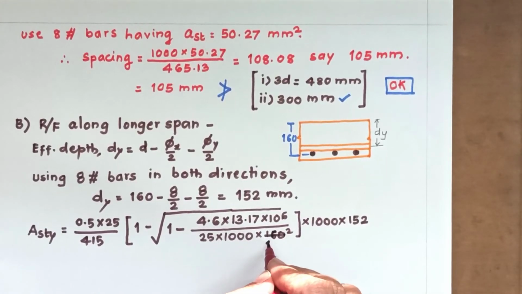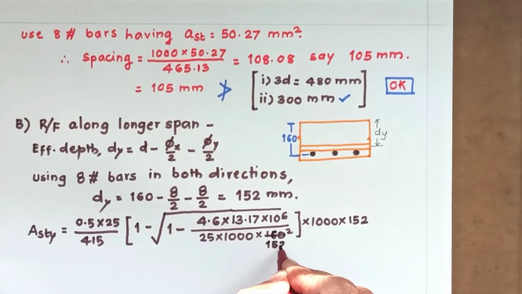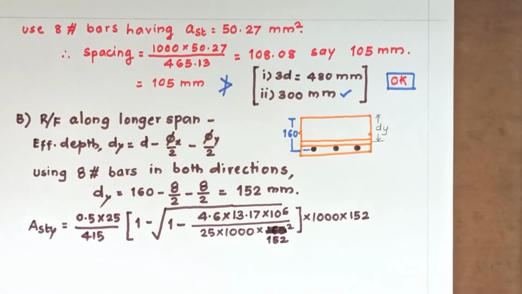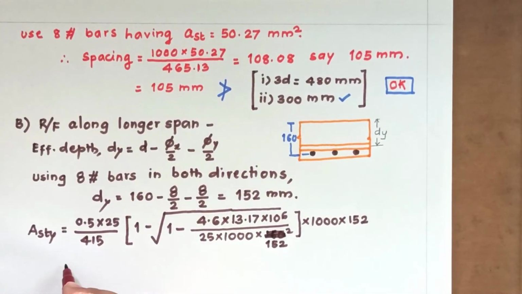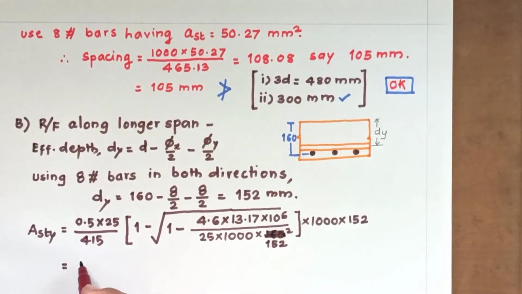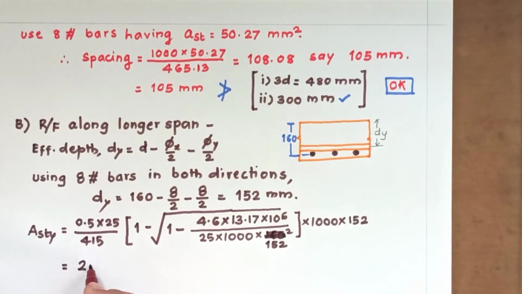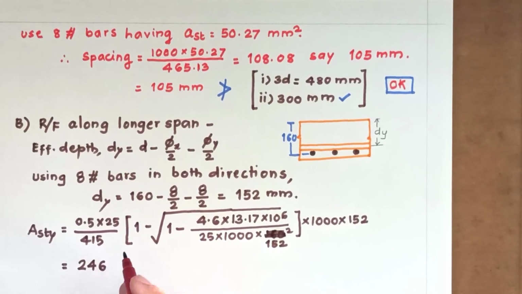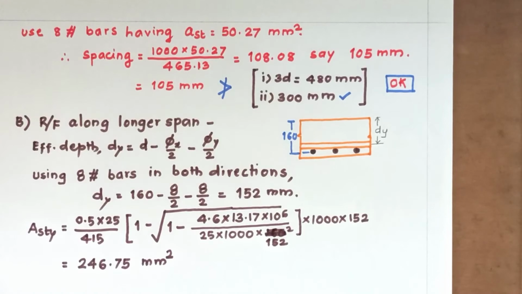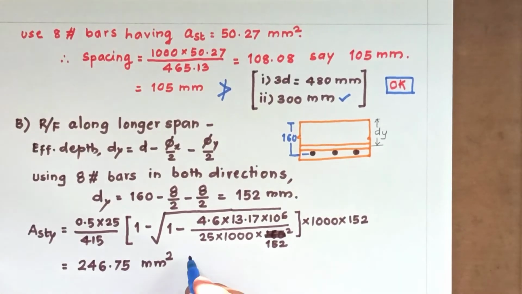Please correct it: 152 square instead of 160, because we have calculated that. So if you calculate it, this comes out to be 246.75 mm square, which is definitely greater than AST minimum.